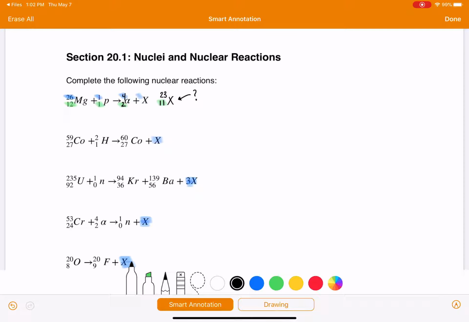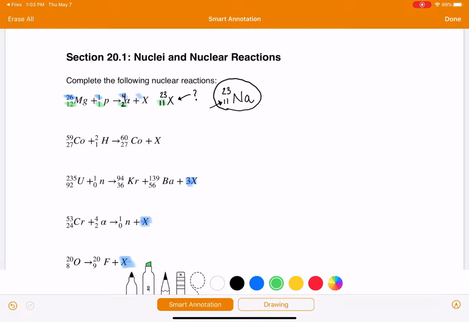And this is where you're going to need to have your periodic table. Now remember that 11 is the identifier. That is what tells us the identity of the element. So you got to go to your periodic table and find element number 11. That is sodium. And because this is a nuclear reaction, it's normal for us to leave the 11 on the symbol, even though that's not what we would do in a non-nuclear reaction.